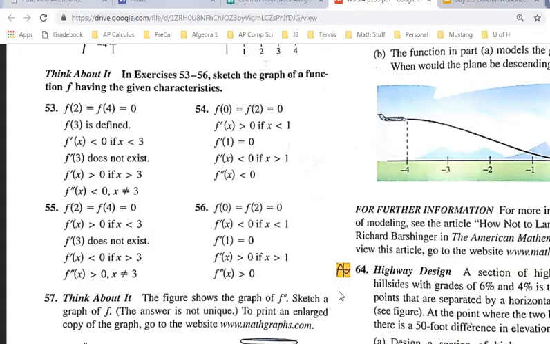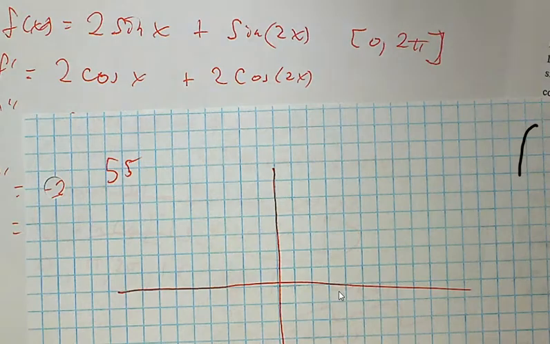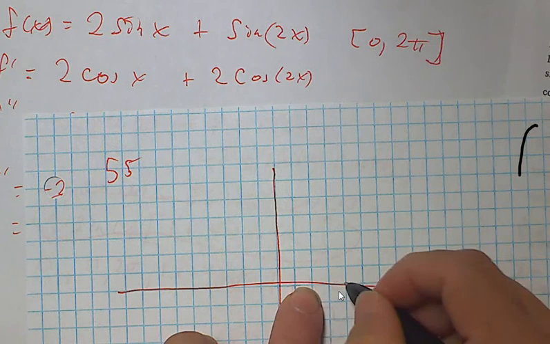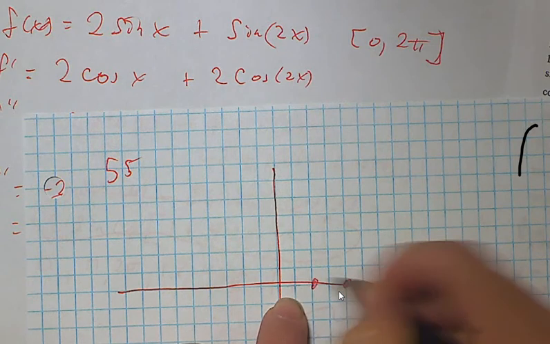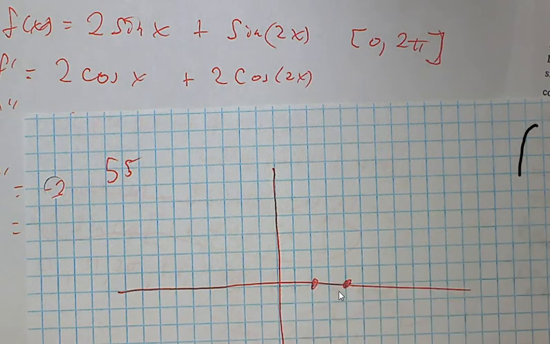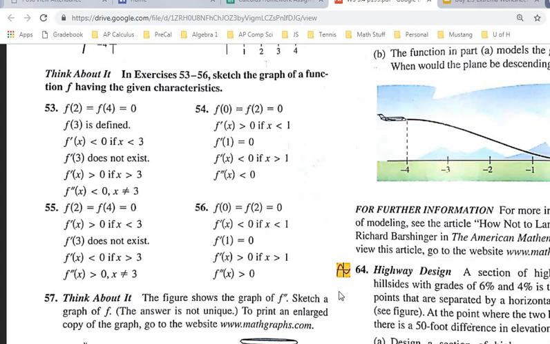All right, f of 2 equals f of 4 equals 0. F prime is bigger than 0 if x is less than 3.